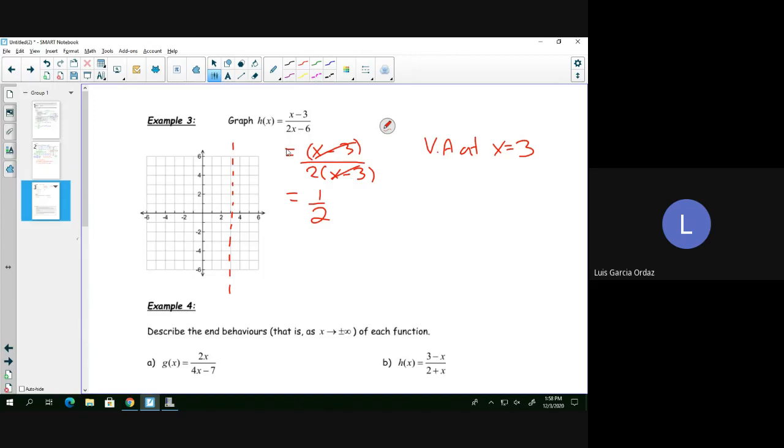And what is our function? y is equal to 1 over 2, right? So this is our h of x, so it's equal to 1 over 2. So when we have a function that is just equal to a constant, are we going to get a vertical or horizontal line as the graph?